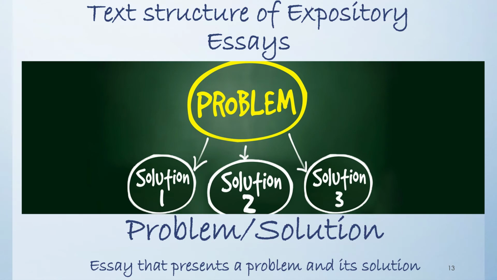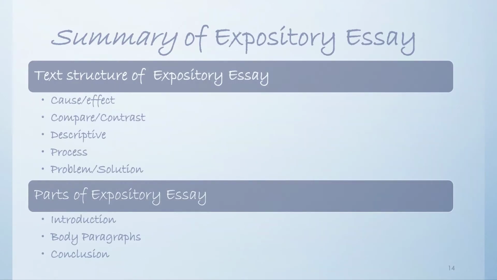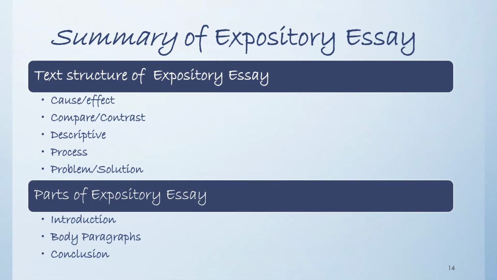So those are possible solutions, and those solutions have a lot of evidence, a lot of examples, because the CDC right now is giving us all these solutions. So that is pretty much the basis of an expository essay.